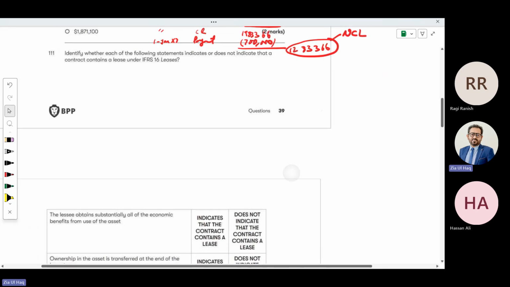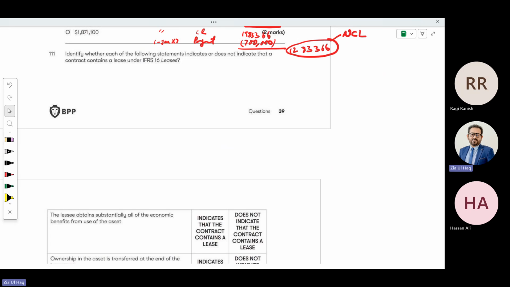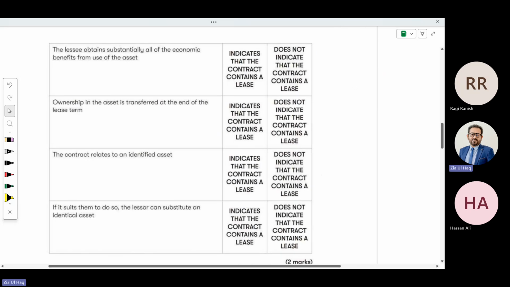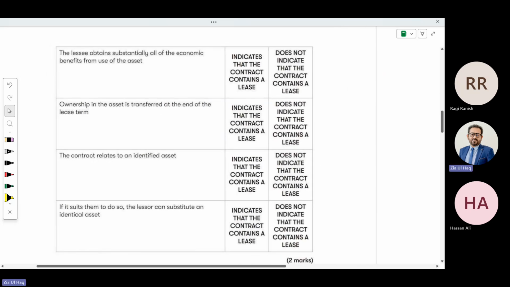Question 111. Identify whether each of the following statements indicates or does not indicate that a contract contains a lease under IFRS 16 Leases. We need to identify whether this is a lease or not. Number one, the lessee obtained substantially all of the economic benefit from use of the asset.